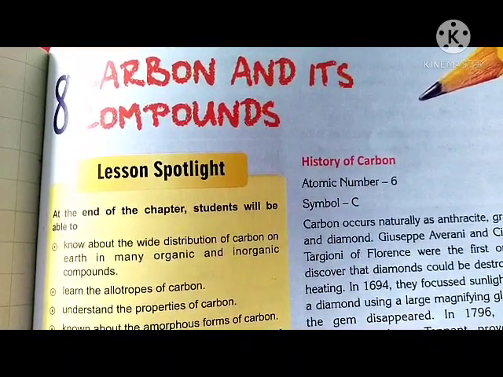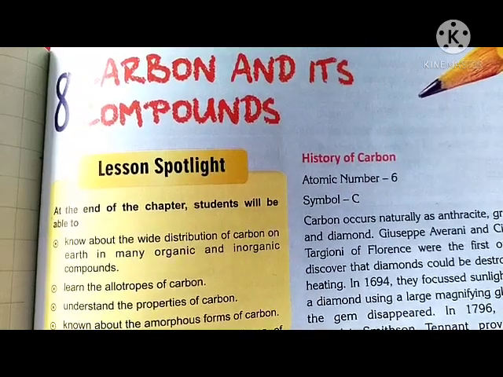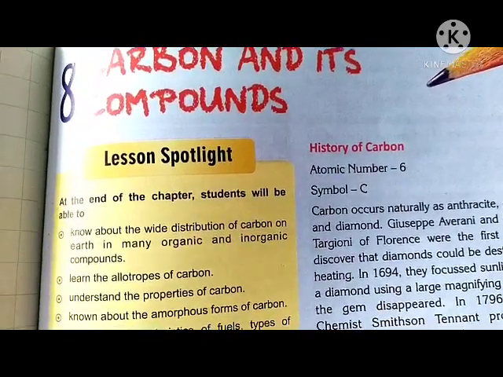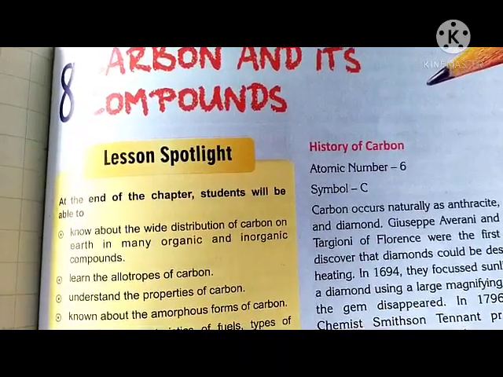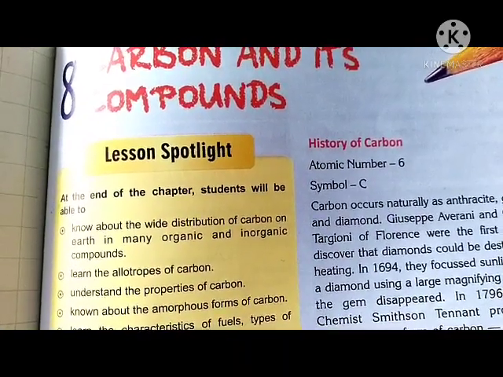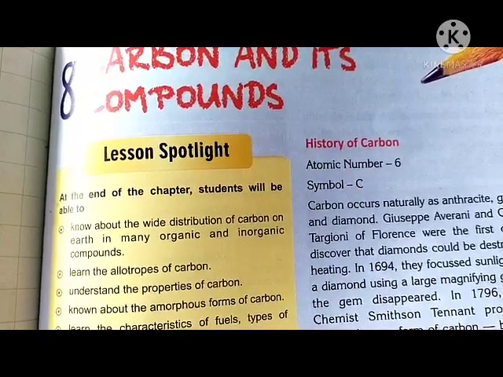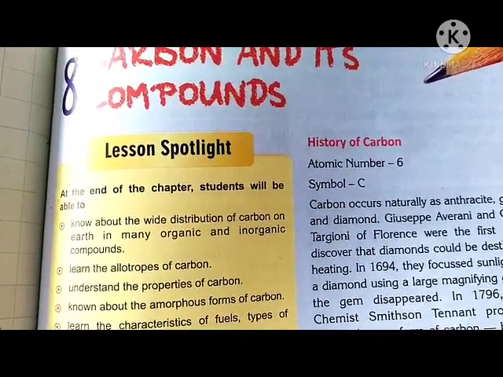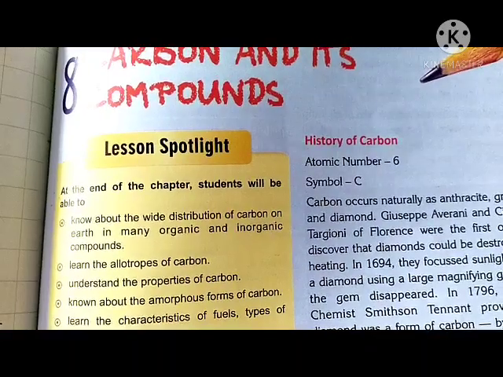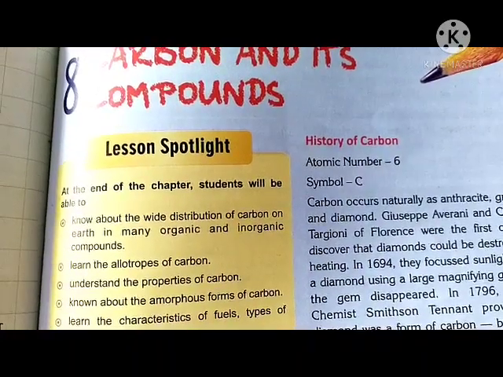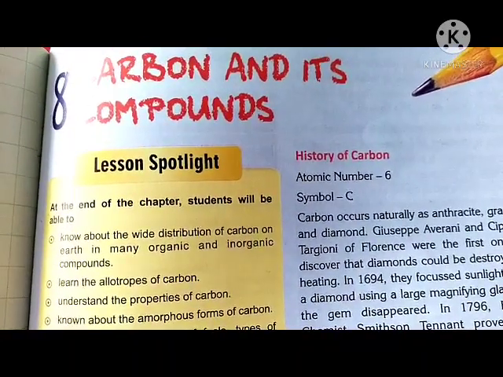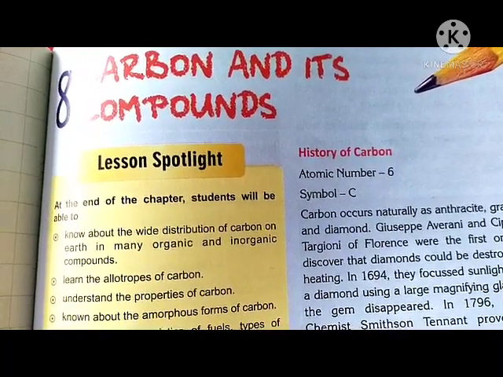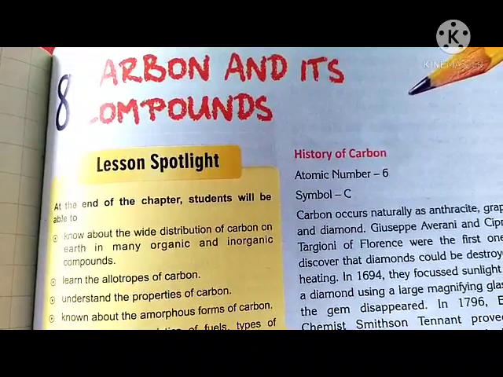Okay students, so we are going to start our chapter 8, which is carbon and its compounds. So let's talk about carbon. Students, you also know that most of the elements found in nature are found in their molecular state. But if we talk about carbon, carbon is the only element which is found in various forms.